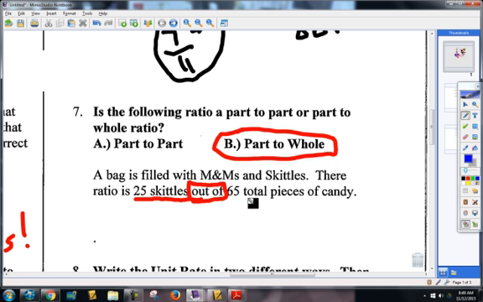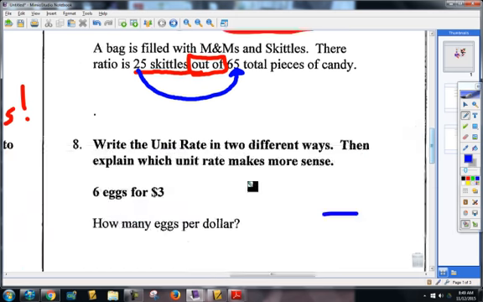And by the way, if I'm writing anything, like I said, this is a study guide. Probably a good idea to write it yourself as well. Okay? If I have 25 Skittles out of that 65, doesn't that mean that I have 40 of some other candy? Right? Yeah. So the 25 actually makes up the 65 total. Okay? So let's go down here.